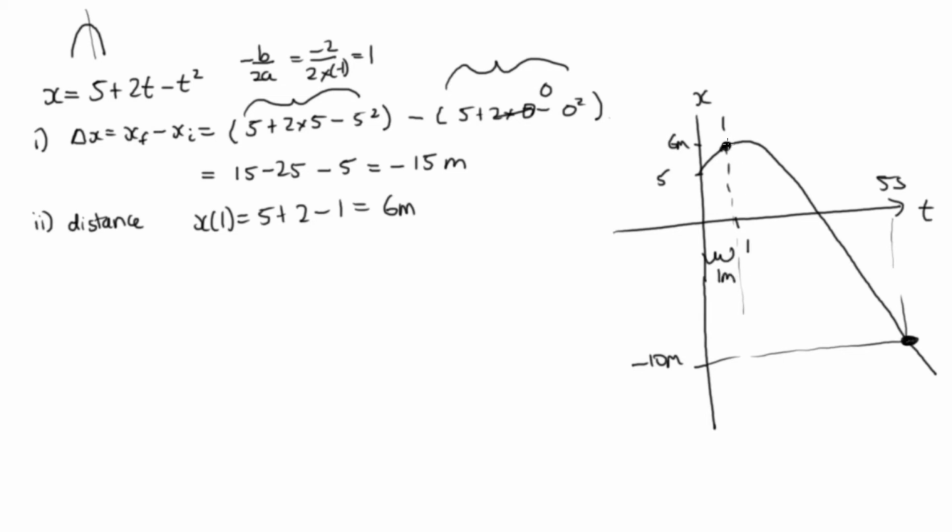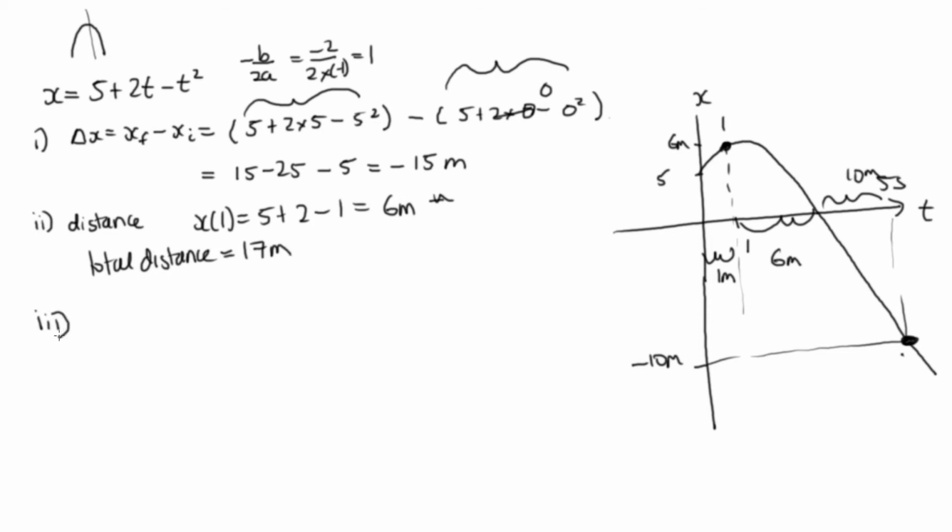And then it travels from 6 meters down to 0, and then down to minus 10 meters. So here it's going a further 6 meters, and then here it's going a further 10 meters. So the total distance that it's traveled is equal to 17 meters.